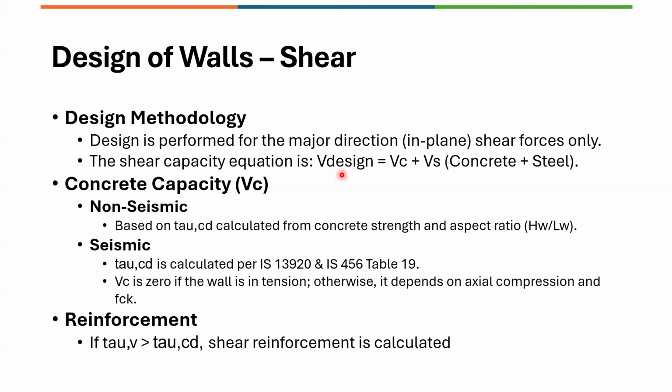H by L ratio will be used, and when seismic loads are involved, then tau CD is calculated as per IS 13920 and 456, table 19, and in tension VC is set to 0.